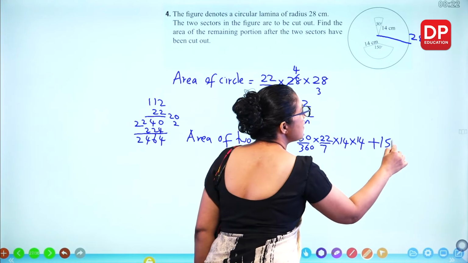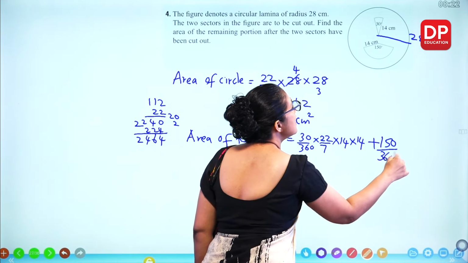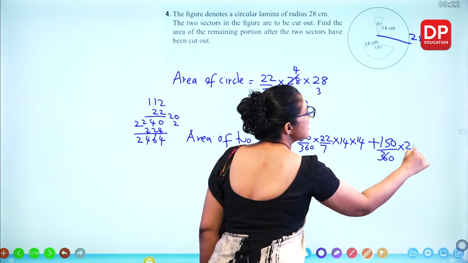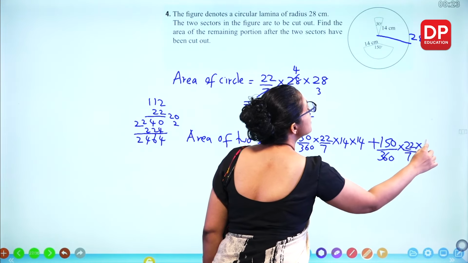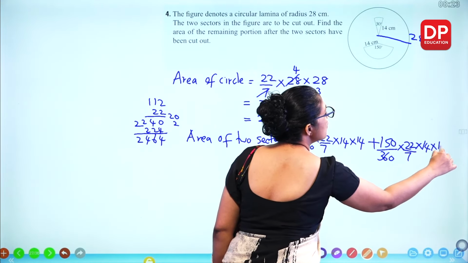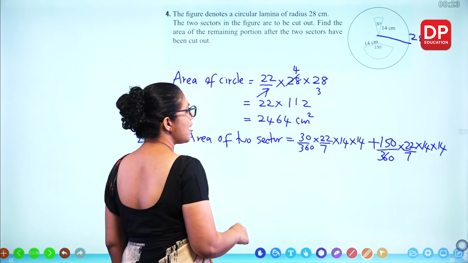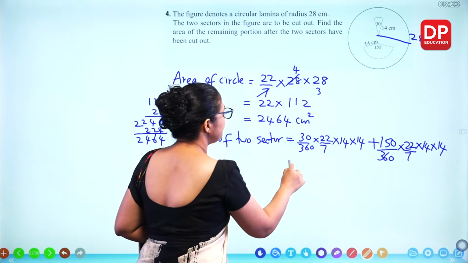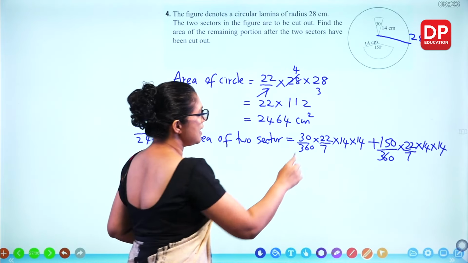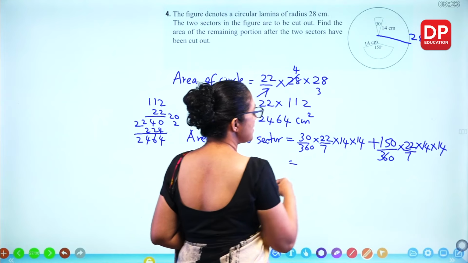Angle is given 150 and the radius is given 14. So 14 times 14. So when you simplify this, you can see all these are common terms.